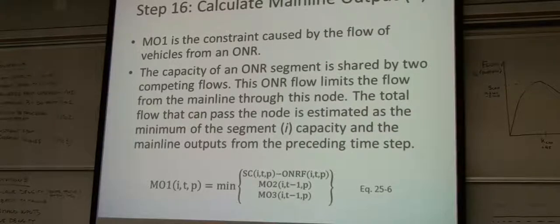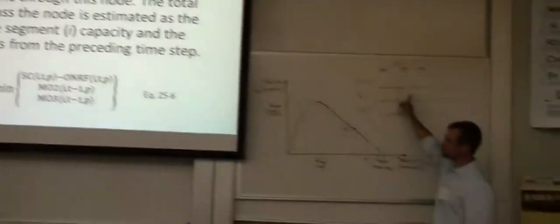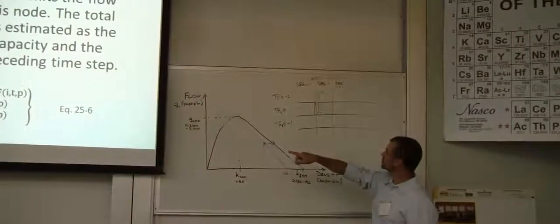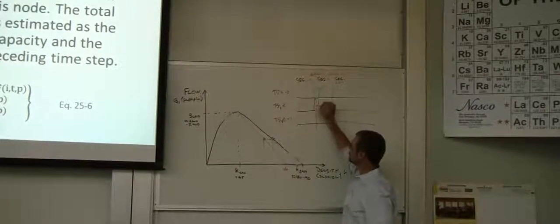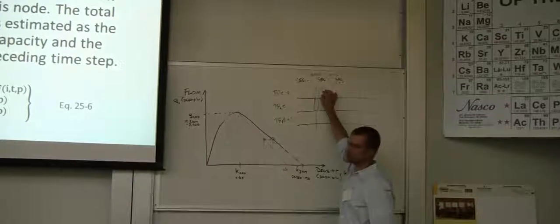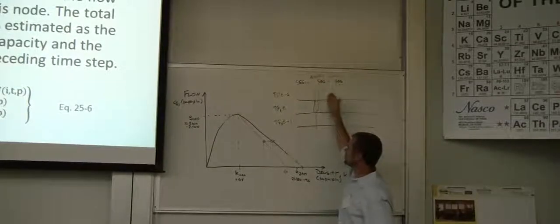Well, yeah, and just to basically, all these different flow constraints, they kind of interact. So you have the MO1 constraint, which we call the on-ramp constraint, is itself constrained by the segment capacity of the segment minus whatever we are processing through the on-ramp, or the MO2 constraint, which is essentially if that segment was already full in the previous time step and we can't get traffic in there, or the MO3 constraint is if there's a front clearing queue in that segment that hasn't reached that segment yet.